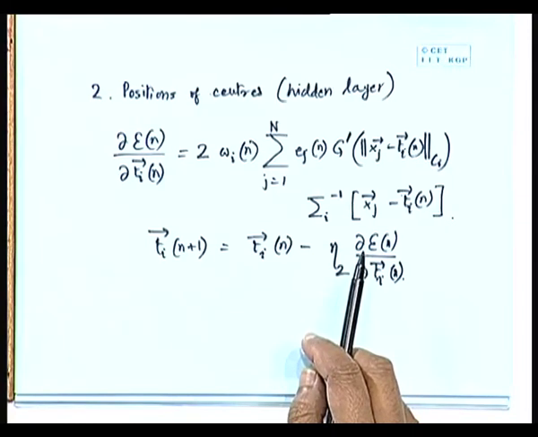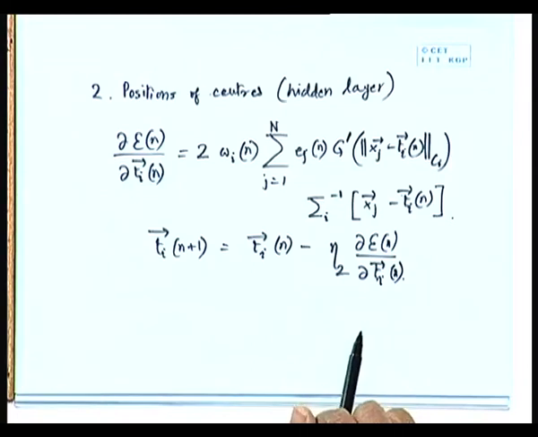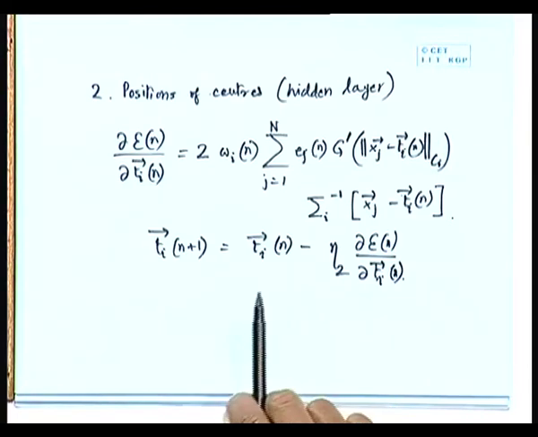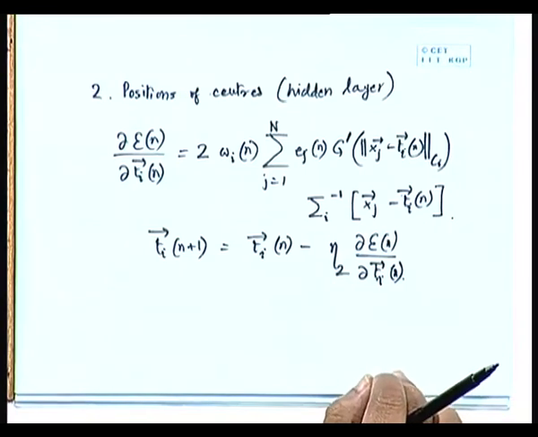So, definitely the positions of the centers are also adjusted in accordance with the supervision, because we know what d_i is, we know what errors are, and because we know what errors are, we can compute the derivative of that error function and we can move the center positions accordingly. So, it is a supervised adjustment of the positions of the center.